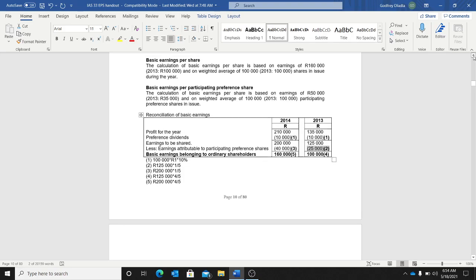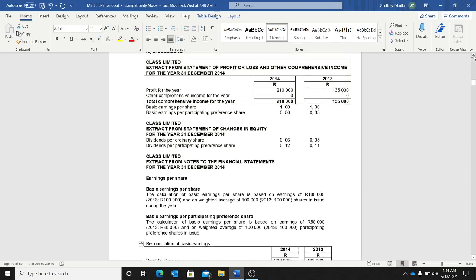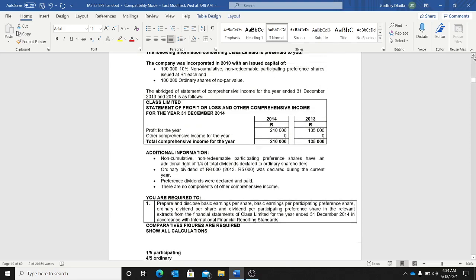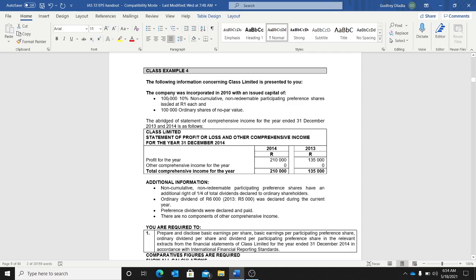Now, if you check in the question, the number of shares, now be careful here, we are talking about participating now, right? Participating are these ones. You see, there are also 100,000. Here they are. There are 100,000, these shares. We are not talking about ordinary here. We are talking about participating.